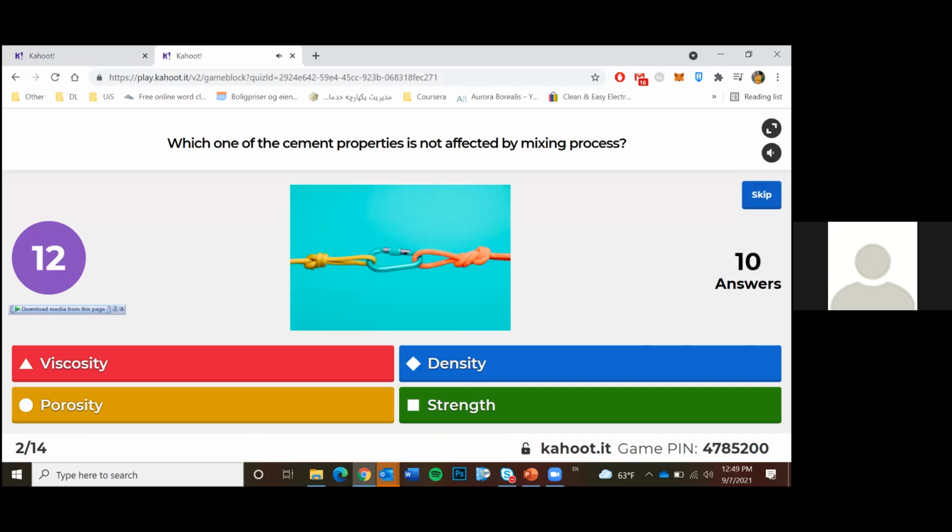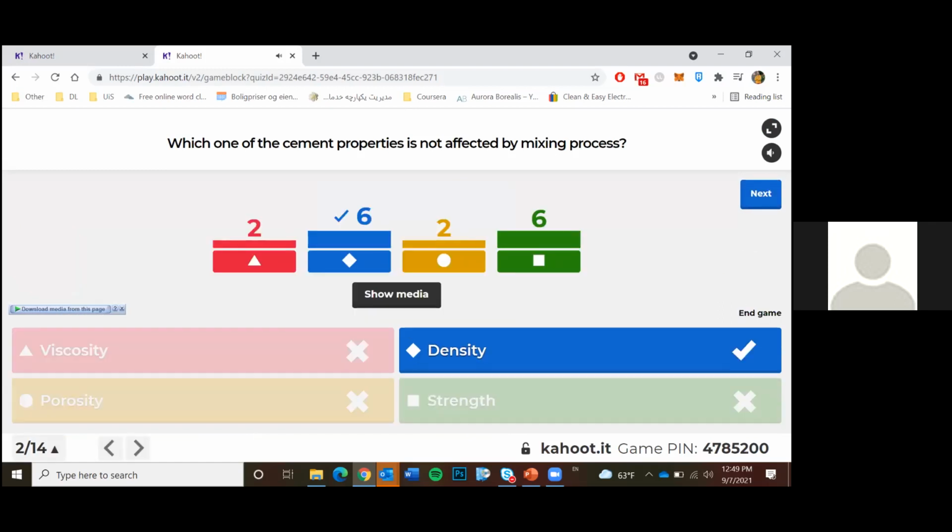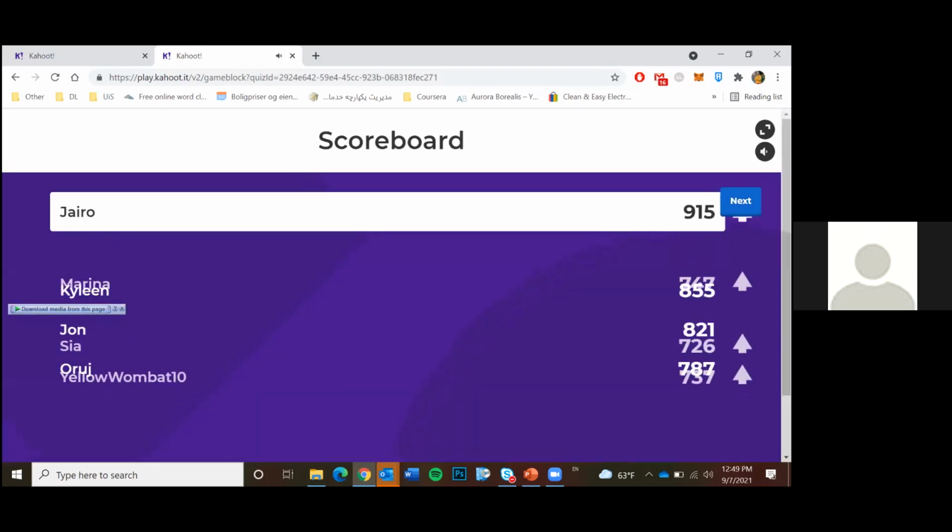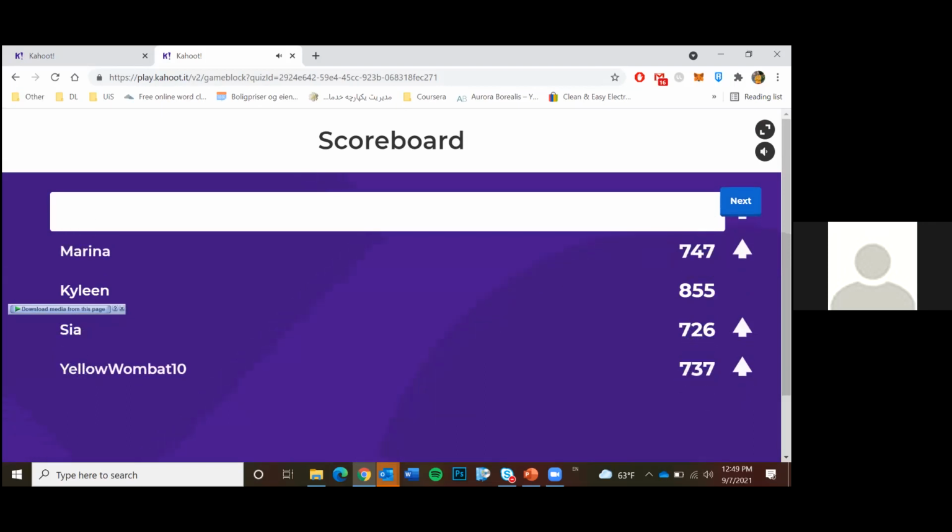Viscosity, density, porosity, strength. Yes, strength. Who chose that? Nice.